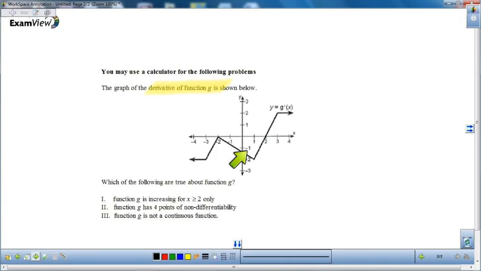Since we're looking at the derivative, if you look at the graph, that means that from negative 2 to 4, my slopes are positive. So here my slopes are positive.